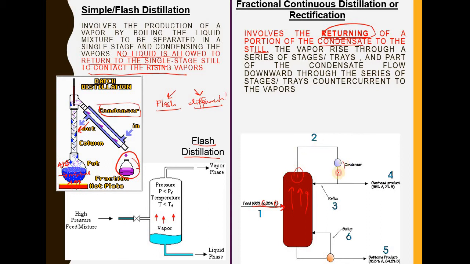It will be condensed, and the liquid will be returned back to the column. This is what we call a continuous process. The liquid will continuously reflux into the column until we achieve the desired purity of products A and B. This is what we call reflux.